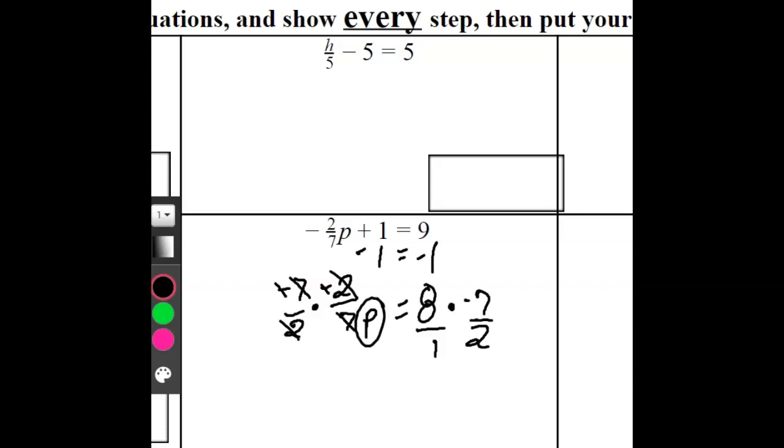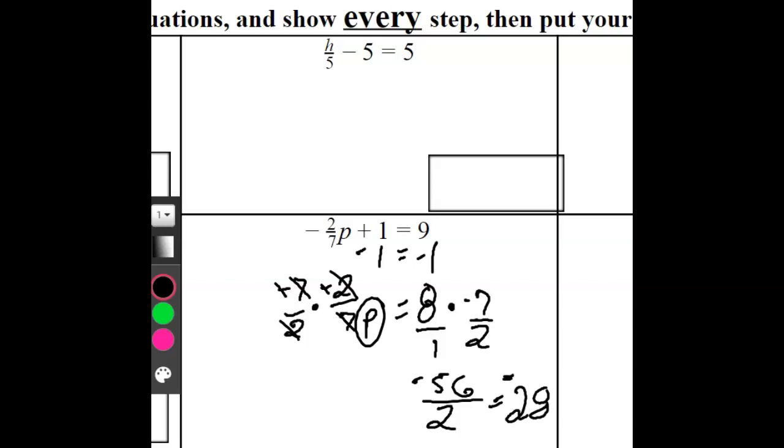And that just leaves me with that p there. But over here, 8 times negative 7 is negative 56. 1 times 2 is 2. Negative 56 divided by 2 is negative 28.